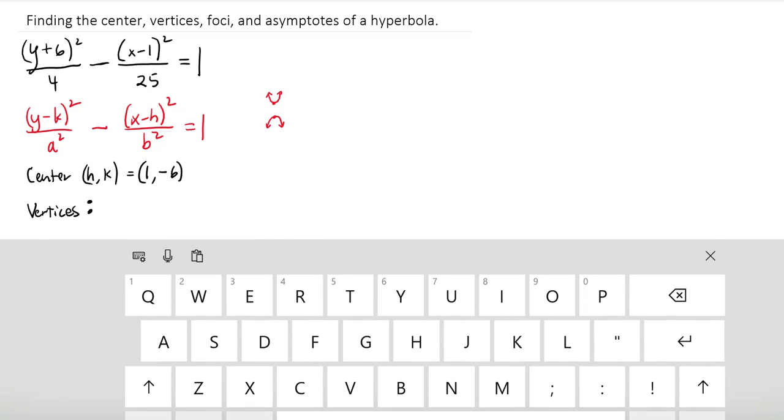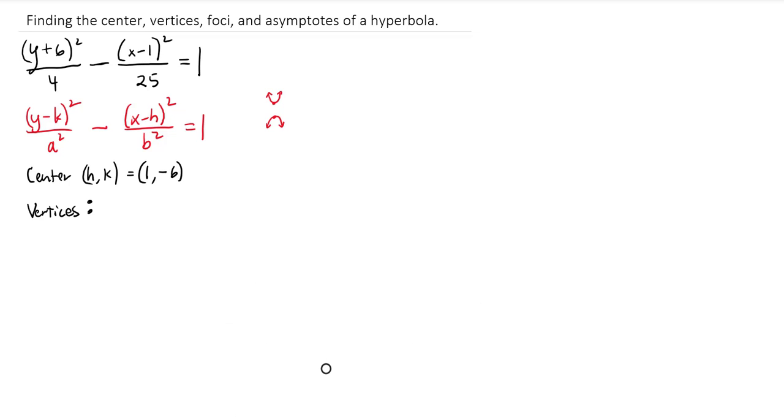If you went up 2 units, we'll go to (1, -4). And if we go down 2 units, we also get another vertex, (1, -8). So there's our vertices right there.